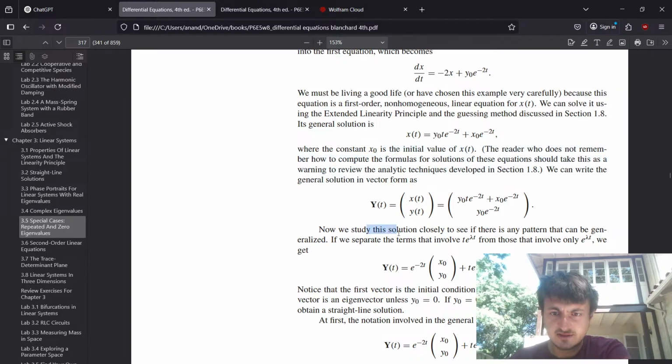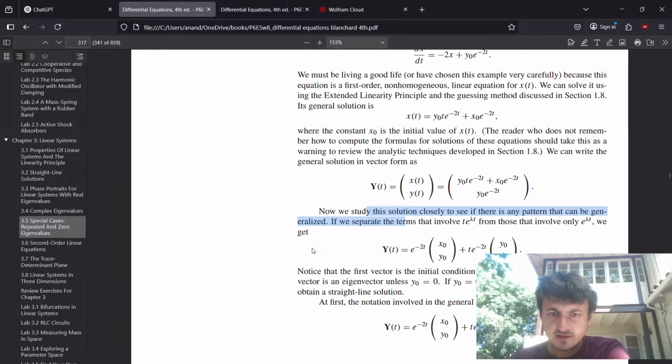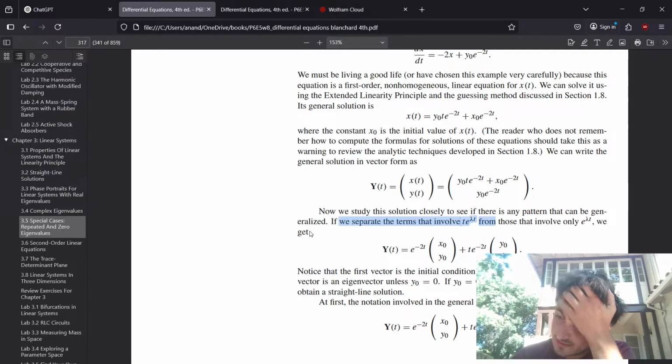Now we study this solution closely to see if there's any pattern that can be generalized. If we separate terms that involve te to the lambda t from those that only involve e to the lambda t, let me write out the solution in terms of vectors.